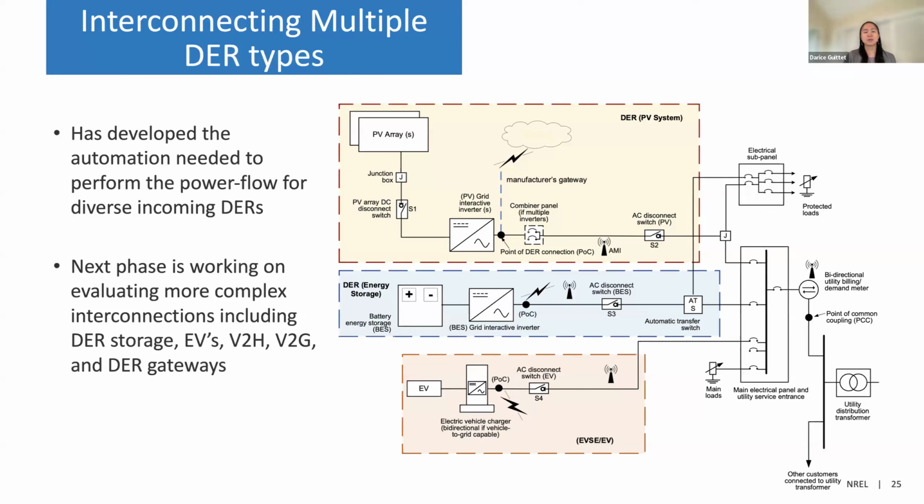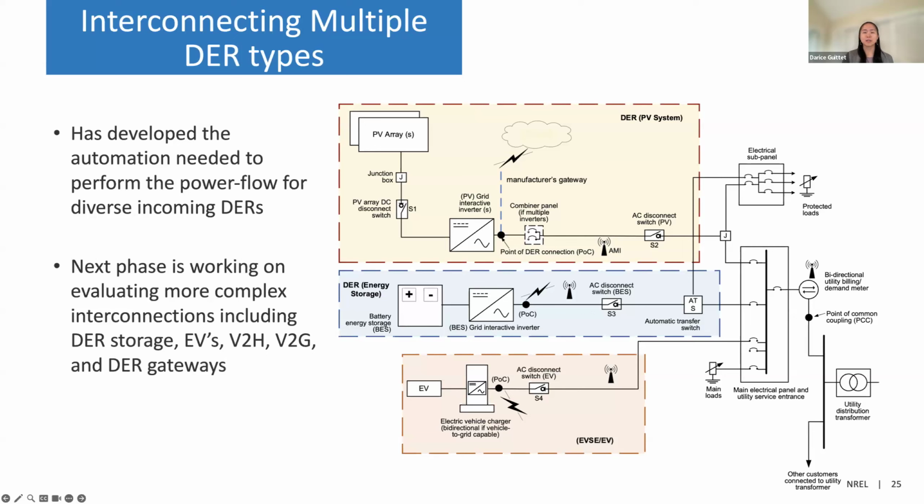The next step is to model and evaluate complex interconnections, including DER storage, electric vehicles, vehicle to home, vehicle to grid, and DER gateways. Utilities are already seeing these types of interconnection requests and aren't sure how to model them or evaluate their grid impact, so we're working on that as well.